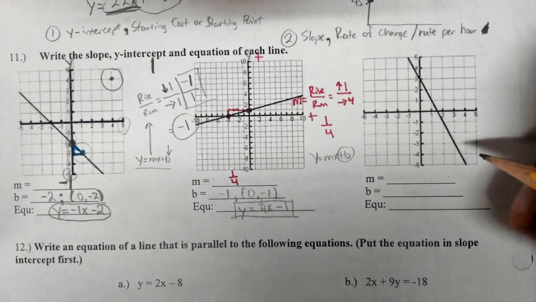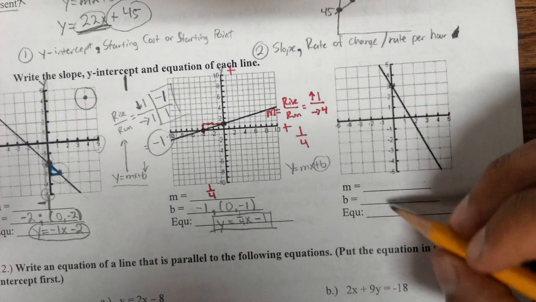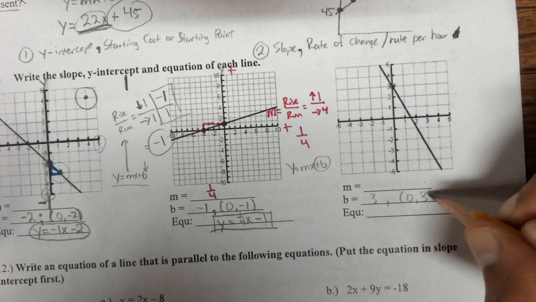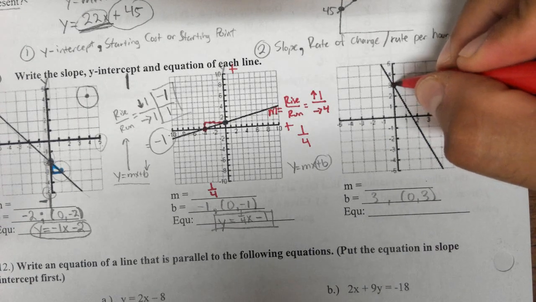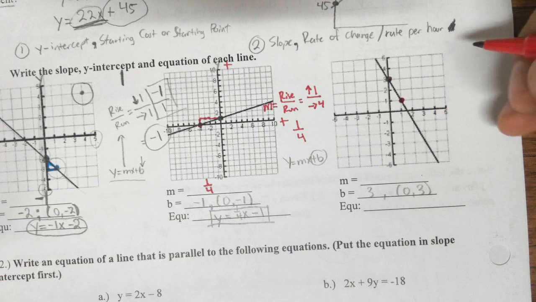So part 3, again, y-intercept, we can go a little bit faster. Y-intercept is 3, or the point (0, 3). And then my slope, rise over run, looks like I can use my y-intercept, and looks like that would be a good point.